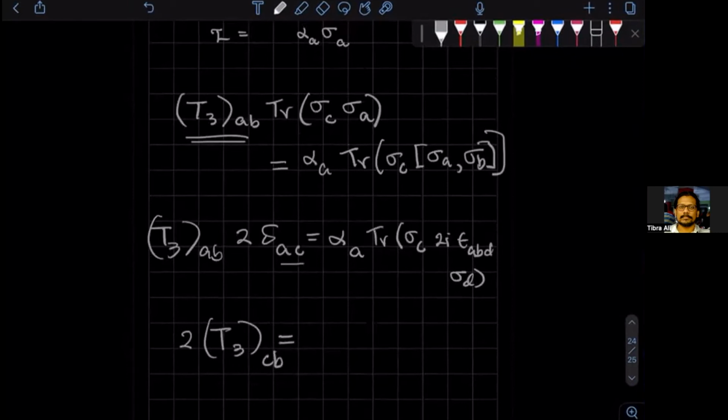I'm summing over the repeated index here. On the right-hand side, I have 2i alpha A epsilon ABD, and the trace of sigma C sigma D is going to give me 2 delta CD.